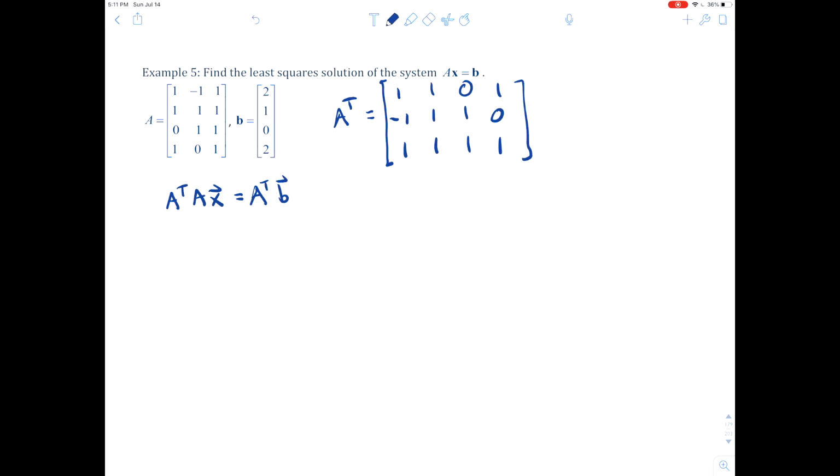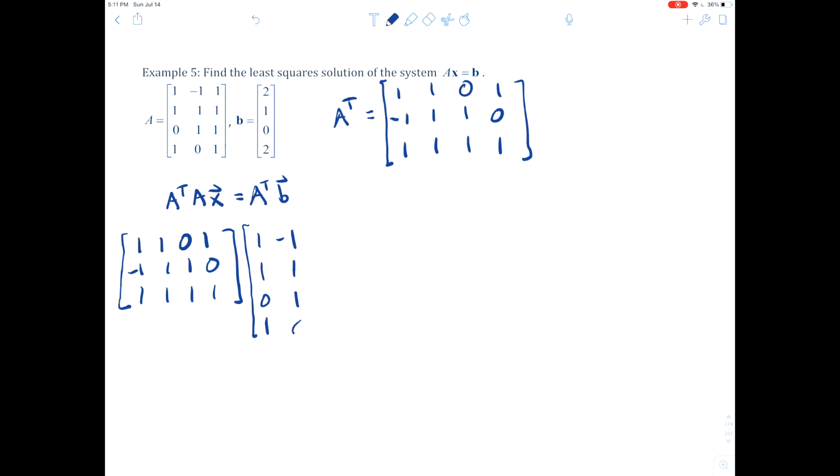So let's check it out. What was our A transpose? 1, 1, 0, 1, negative 1, 1, 1, 0, and then 1, 1, 1, 1, times A, and so that's 1, 1, 0, 1 going down, negative 1, 1, 1, 0, and then all ones.